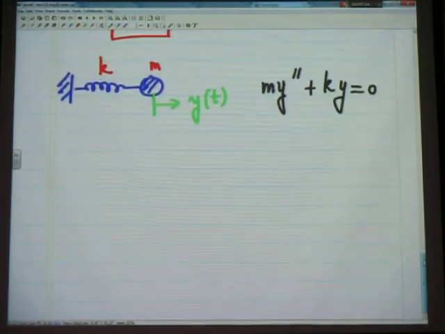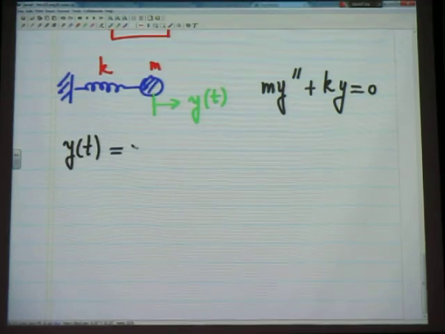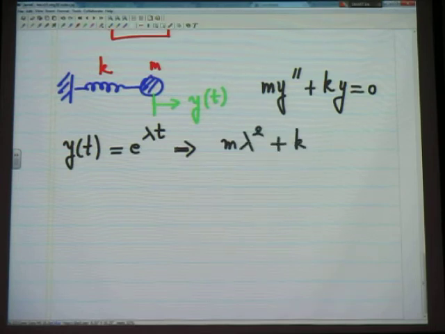So the trial solution is e to the lambda t, right? And if you plug the trial solution in, the characteristic equation is m lambda squared plus k equal to 0, right? After you cancel e to the lambda t.